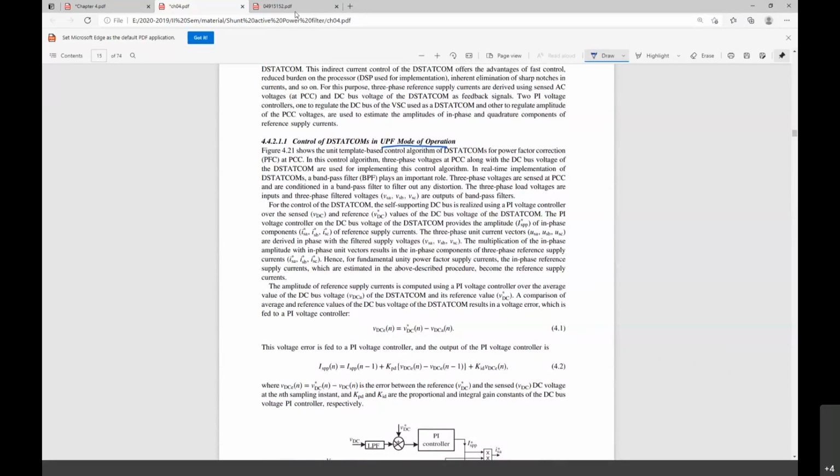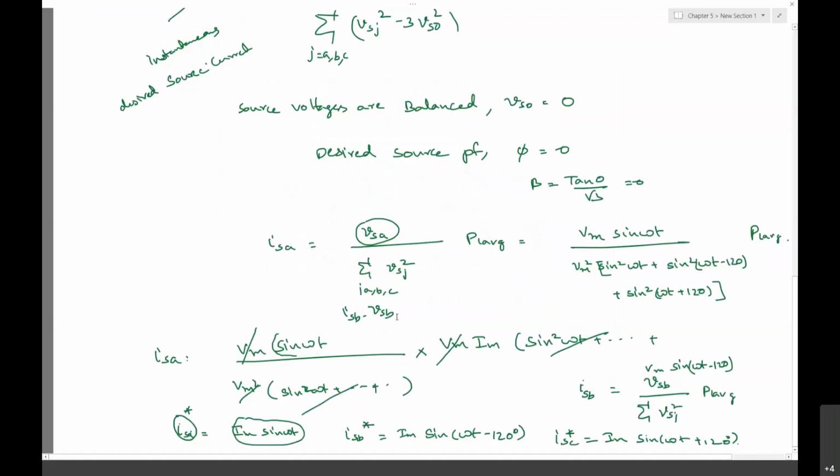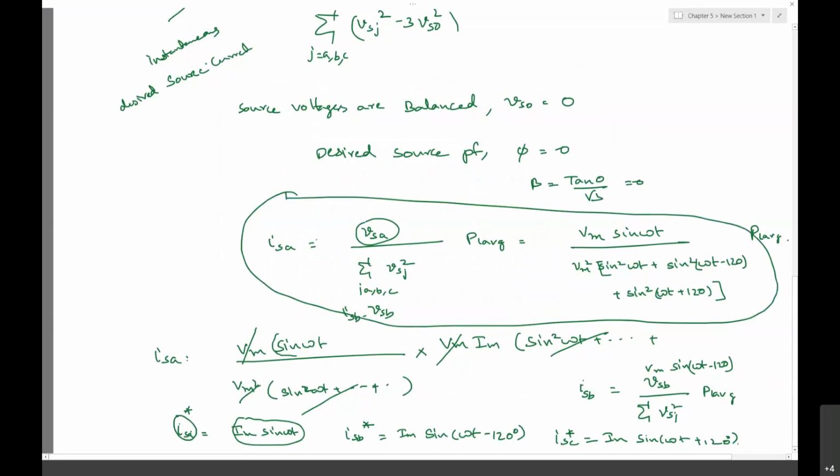But I will try to give the complete control algorithm considering the star connected load also, not only this sort of equation, anything else also, wherever we are going to generate the reference source currents. One thing for the instantaneous symmetrical component theory: what are the things which are required?